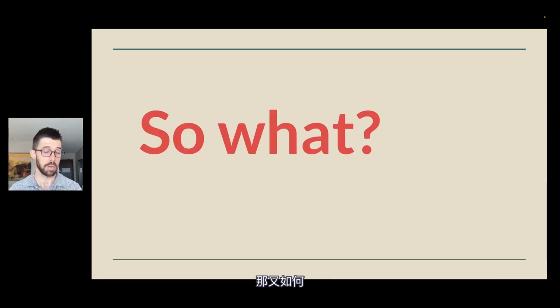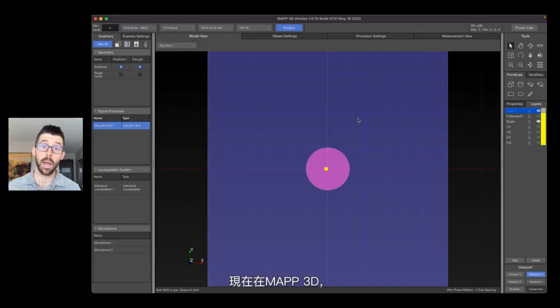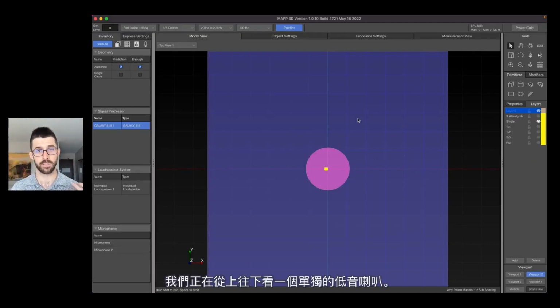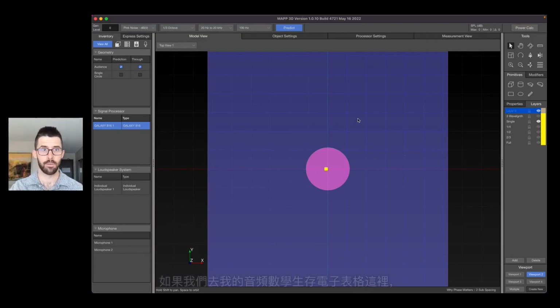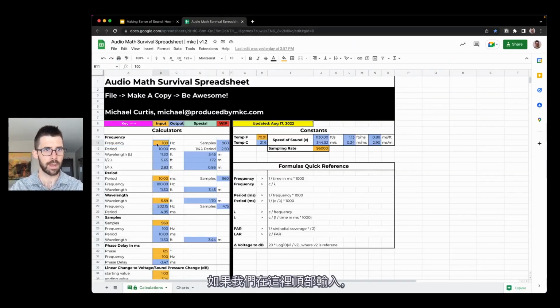So, let's look at how this actually applies to subwoofers now. Now we're in MAPP 3D and we're looking at a top-down view of a single subwoofer. The frequency we have in mind right now is 100 Hertz. If we go over here to my Audio Math Survival spreadsheet, we can see that if we type 100 Hertz in here at the top, it tells us it has a wavelength of 11.3 feet.